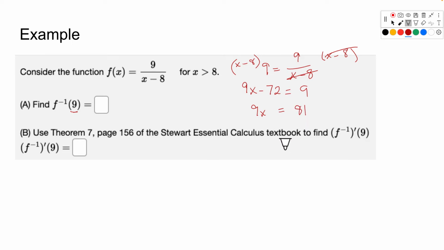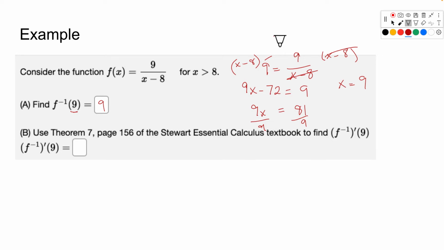And then you divide both sides by 9, right? So we get that x equals 9. That's kind of cool. So the inverse at 9, y value of 9, has an x value of 9. If that's not confusing, I don't know what is, but those y's are 2 different values, right? So we now know the inverse at a point is 9.